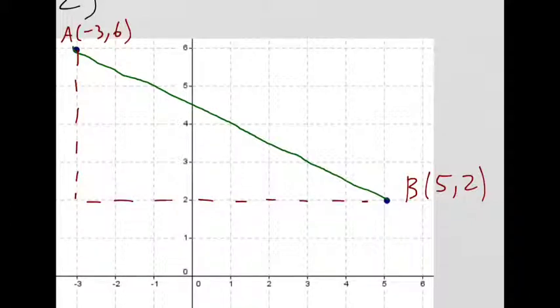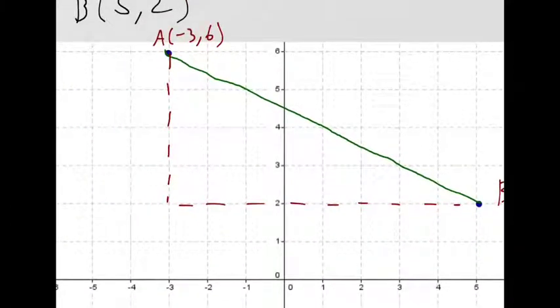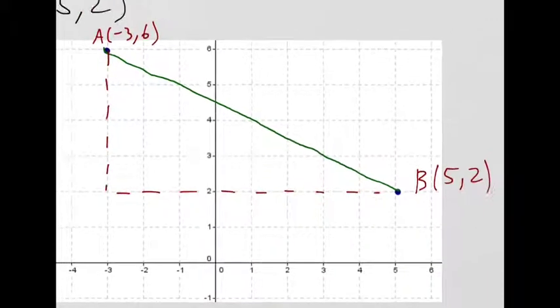Okay, and the height of that triangle is how much? 4, right? This is 1, 2, 3, 4. And the run of that triangle, or the base of that triangle, is 1, 2, 3, 4, 5, 6, 7, 8. Which makes sense because you go from negative 3 for x to 5 for x. That's a difference of 8.